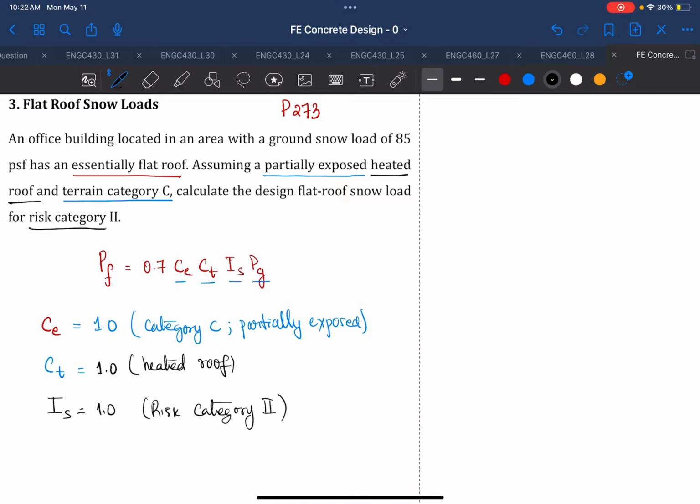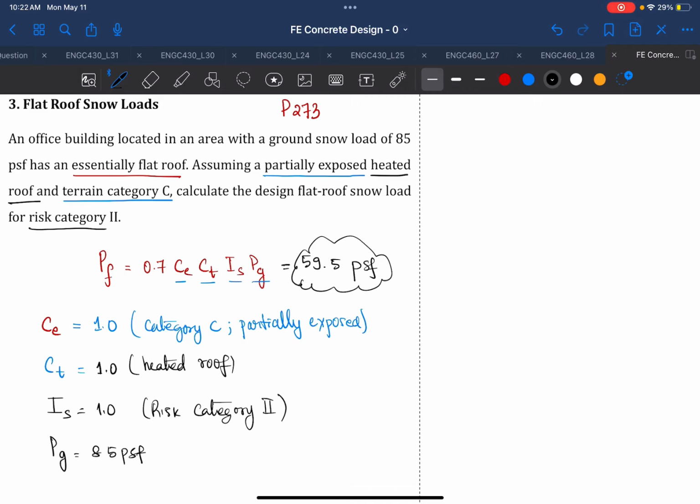And then PG is given to you here, which is your ground snow load, and that will be 85 PSF. So if you put all of them together, you'll find that this is 59.5 PSF. So this is your flat roof snow load.